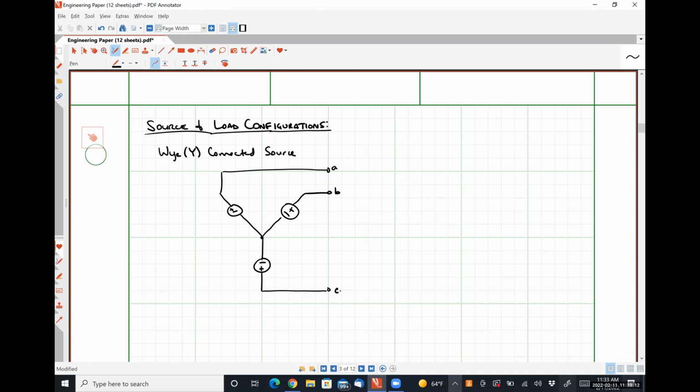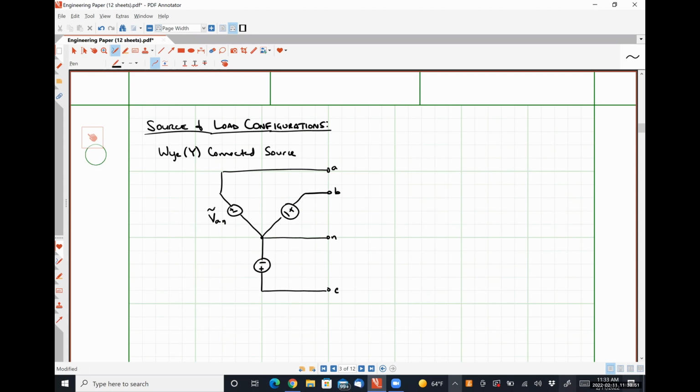Okay. And let me draw this guy right here as well. So I'm going to label my voltages, and I want to talk about how I'm going to do that. I'm going to use what's called a double subscript notation. So I'm going to call this voltage right here VAN, where A is the positive polarity terminal and N is the negative polarity terminal for this voltage. Okay.